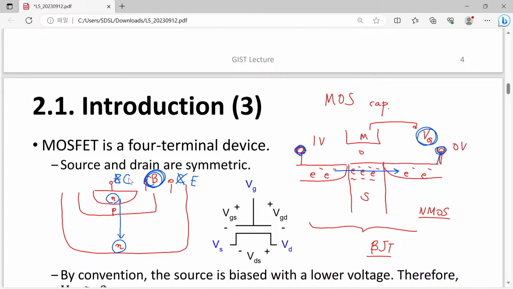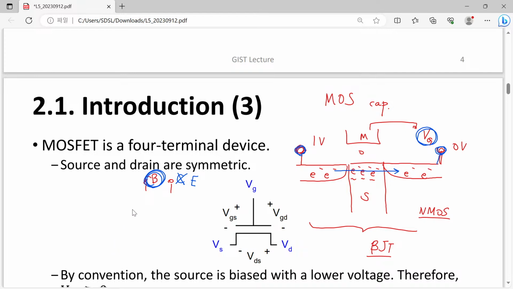Of course, they will work, but with different characteristics. However, in the case of your MOSFET, you cannot actually distinguish them when you apply the opposite polarity for your transistor. So please note that this symmetry is quite a peculiar feature of our CMOS technology.